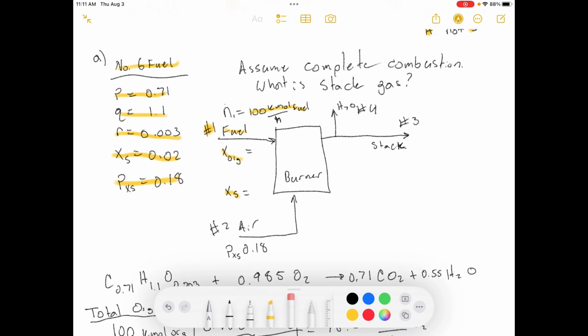That's not of fuel, that is of organic. So the way I wrote this problem out, I said that the weight fraction of organic times the molar flow rate of stream 1 is equal to 100 kilomoles. So that was my basis, and that made calculating the excess air easy.